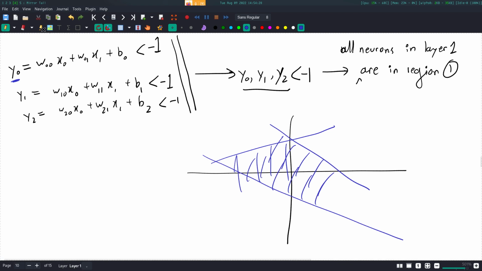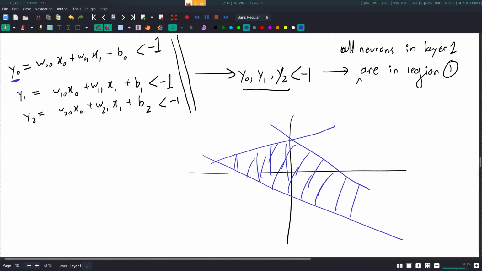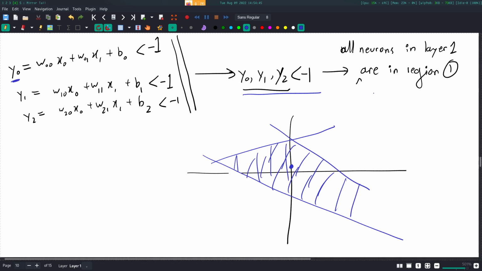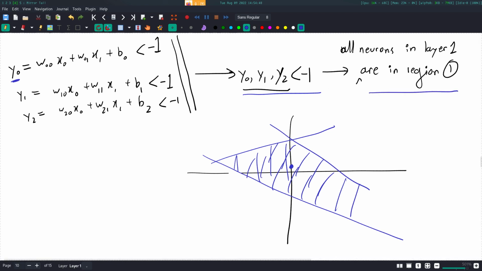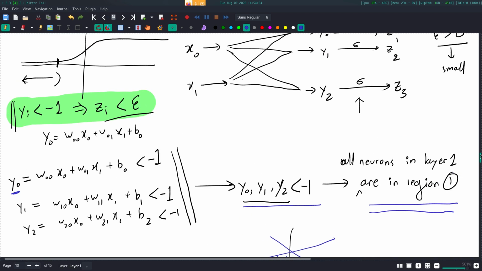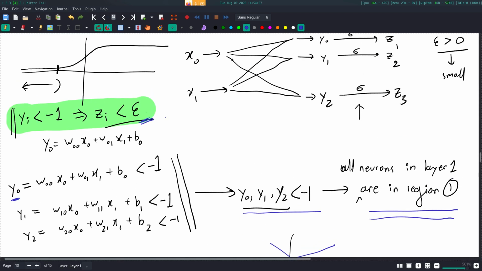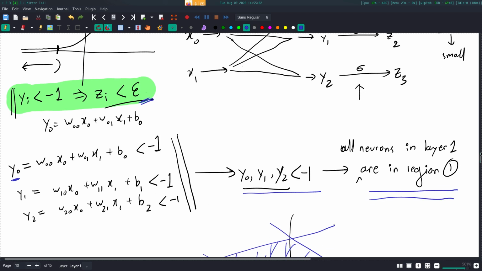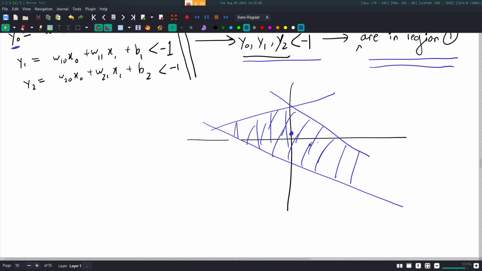So you'll end up with a particular region in your space within which any point that you pick causes these three to be less than minus 1, which means that all the neurons in your first layer are in region 1, which means that your first layer behaves very close to being linear, right? It's epsilon close to being constant in our case, but linear is a generalization of constant. So any point in this region is going to behave very close to being linear, right?